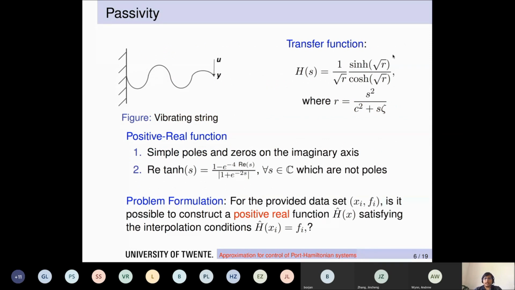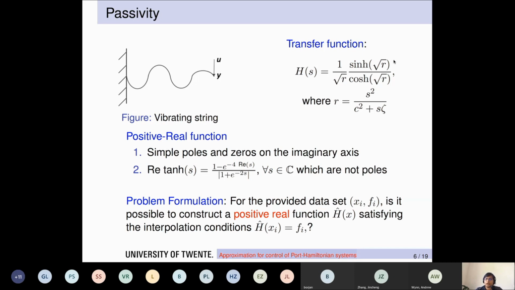So I investigated our original irrational transfer function, and we see there are infinitely many simple poles and zeros on the imaginary axis. And if we give any positive real value, the transfer function always gives positive values. So the transfer function of the system is a positive real function.